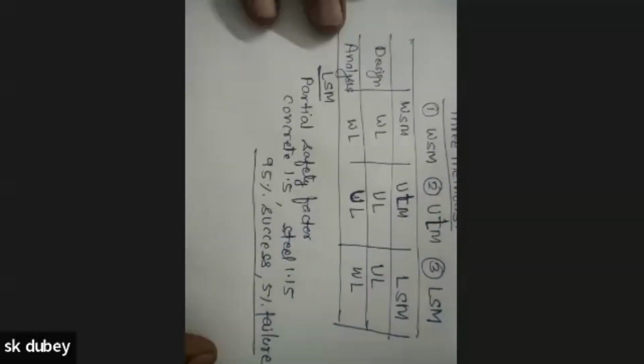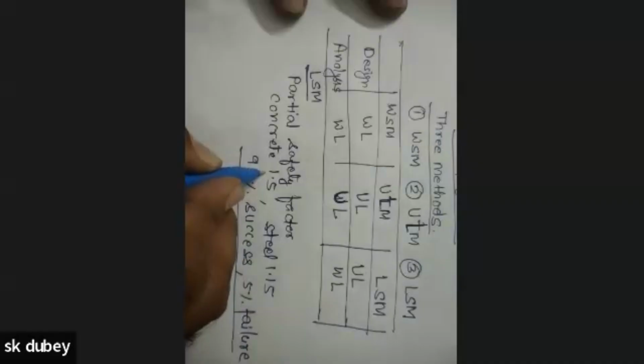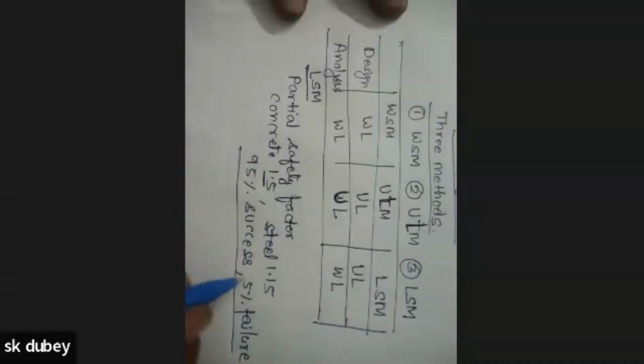This is our ideology for designing. If anyone asks how much success guarantee you are giving, it is 95%, and 5% failure chances are there in our method. So for that, for concrete, the partial safety factor is 1.5, and for steel it is 1.15.